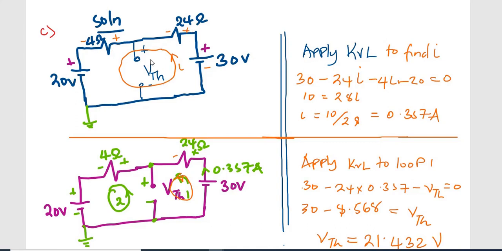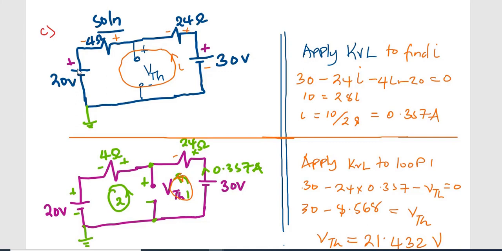So we remove the 16 ohm resistor and substitute it with the voltage source that we call Thevenin's voltage, then we can use KVL in this particular loop to calculate I.